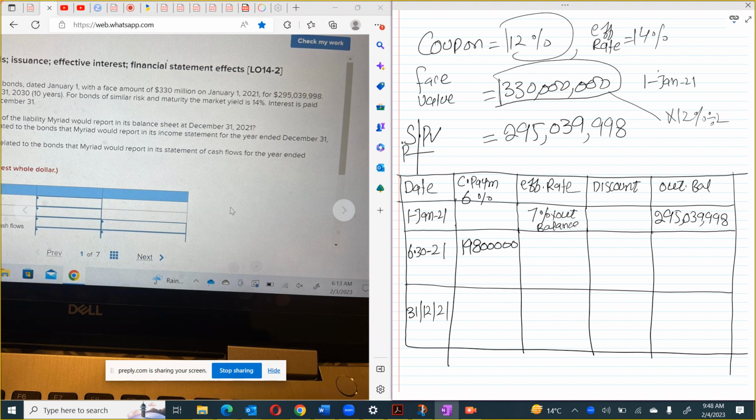So I will check it right now. Oh, the interest expense is wrong and the second cash flow is wrong as well. Can you send me where the problem is? If you want, you can log into my account and see it, because I couldn't share my screen right now.